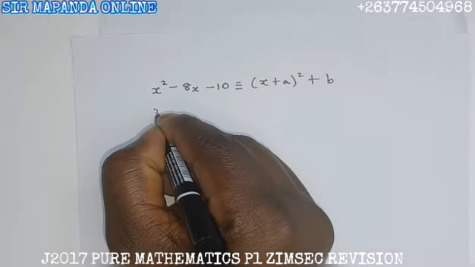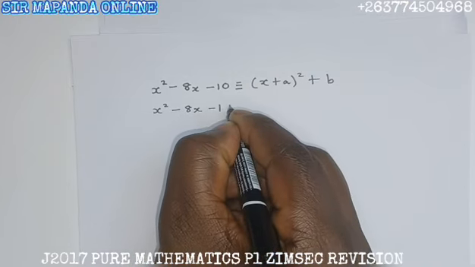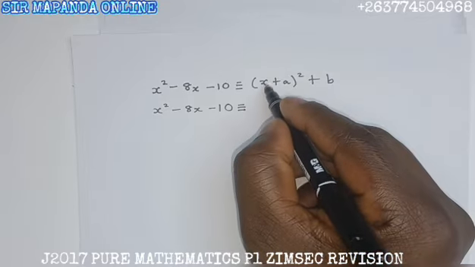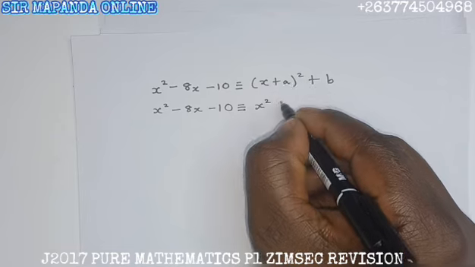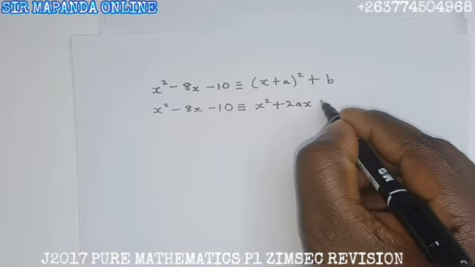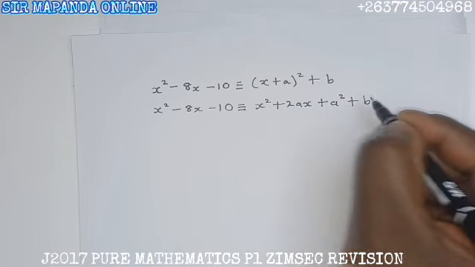Then you get x squared minus 8x plus 10 is equal to, if you expand this, x squared, then x times a times 2, you get your middle term 2ax. Then the last term is a squared. You add it with b.